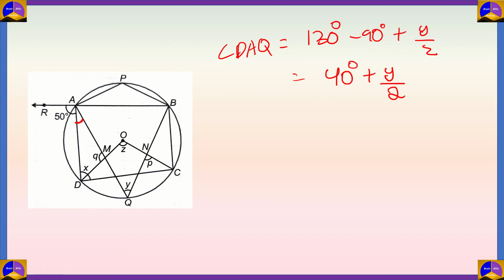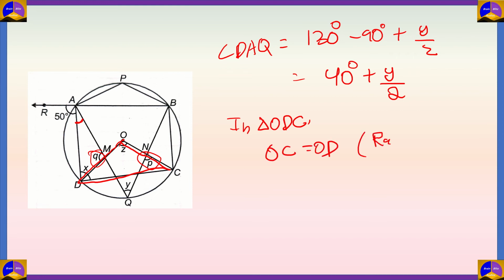Now, since we have to find something related to Q and P, let's look at this triangle ODC, which has something related to both of these. So in triangle ODC, OC is equal to OD, and the reason is radius of the same circle.